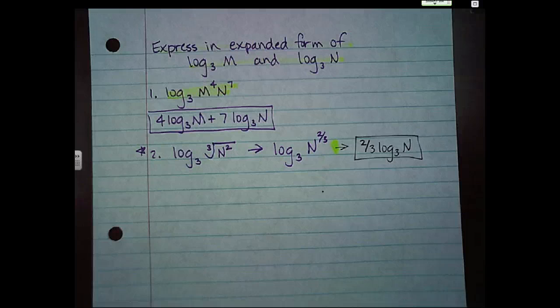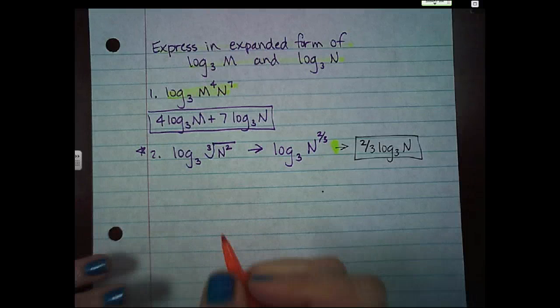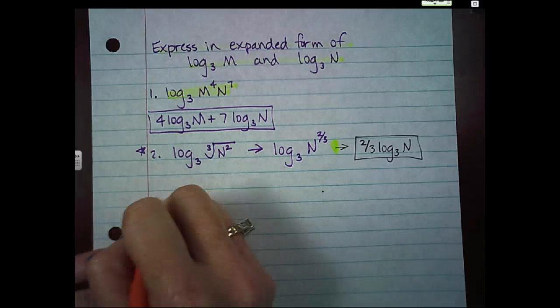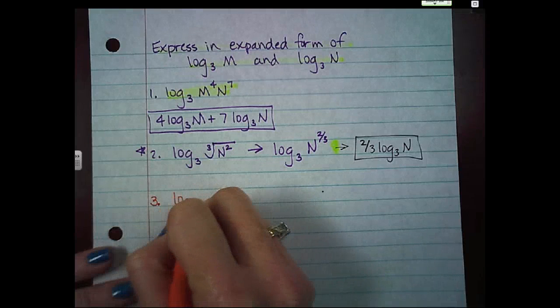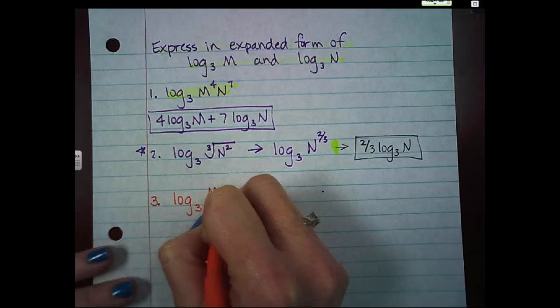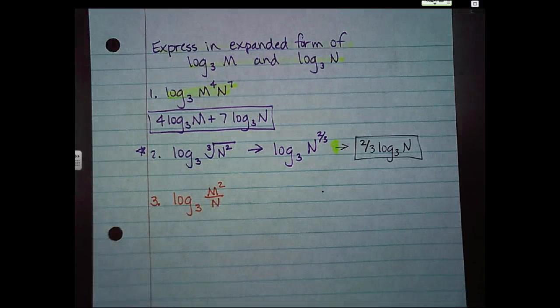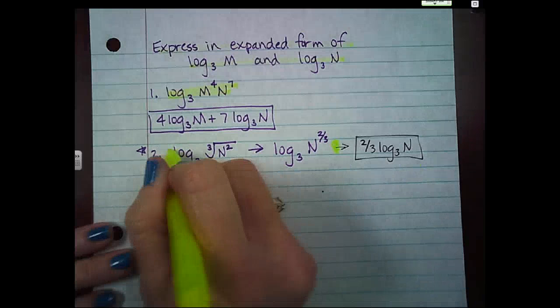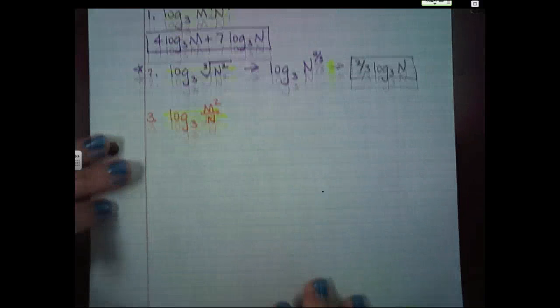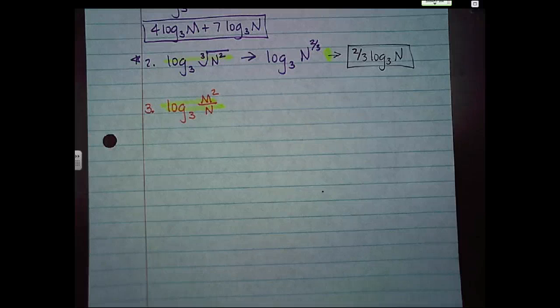Okay, so now let's move to problem number 3. Number 3 says log base 3 of m squared divided by n. Again, it's division.